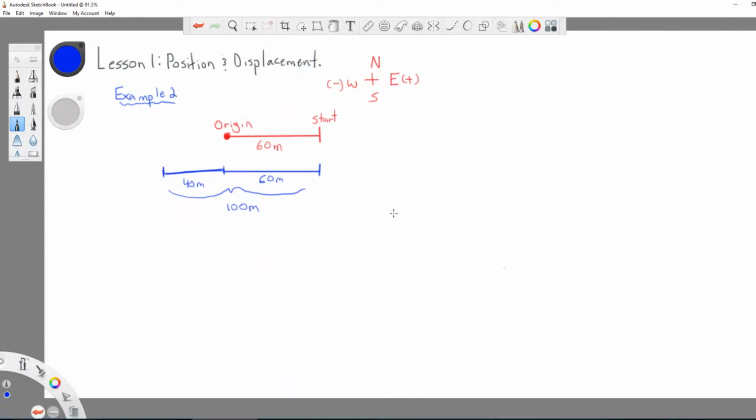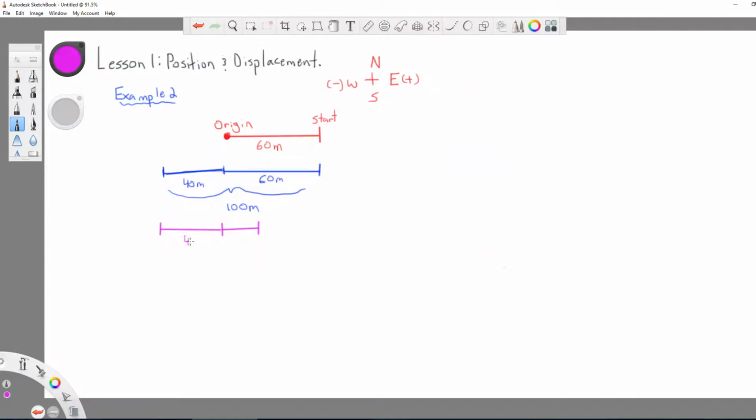All right, but the question's not done yet. The question then says, it finally moves to a location 25 meters east of the origin. Well, we're west of the origin now. We got to come back to 25 meters east here. So let's get our line tool again and choose another color, maybe magenta. We're going to travel this 40 meters back to the origin and another 25 meters east.